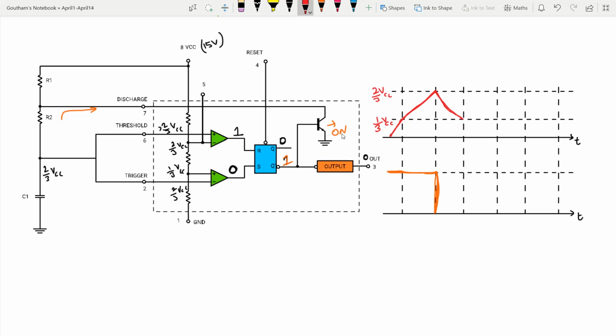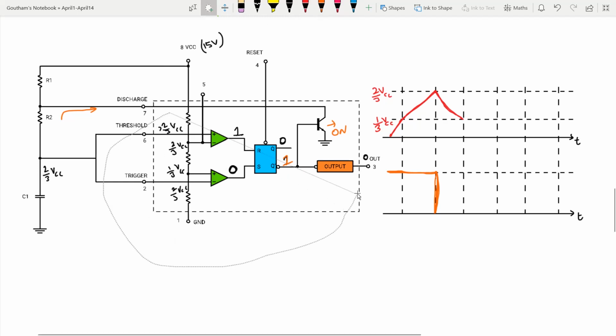Before that, once the capacitor starts to discharge, the voltage across the capacitor starts to decline or decrease. So now what happens is this reduces below 2/3 VCC.